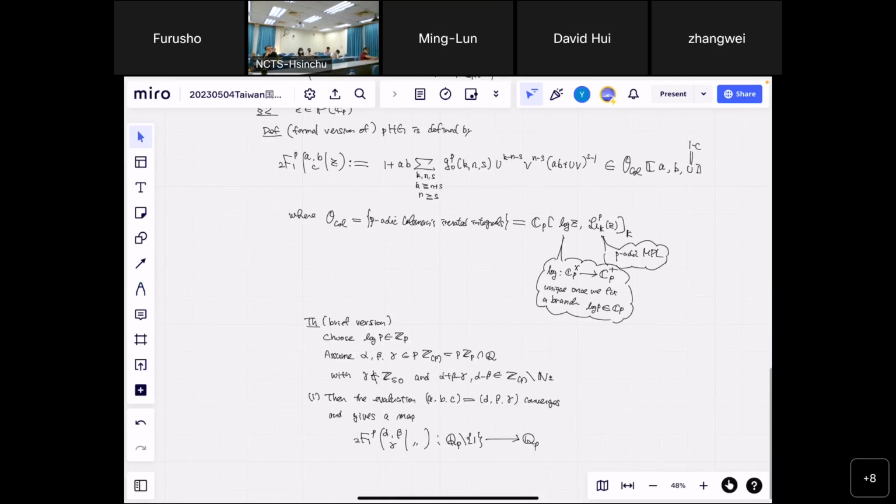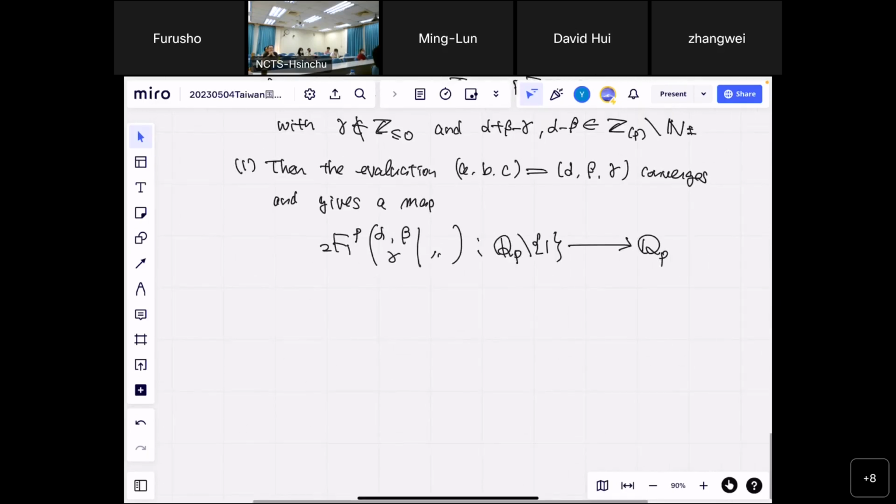But if you evaluate alpha, beta, gamma this way, such that it satisfies that assumption, this always converges for any g, which is an element of QP other than 1. So it is a map from QP minus 1 to QP. This is my first result.